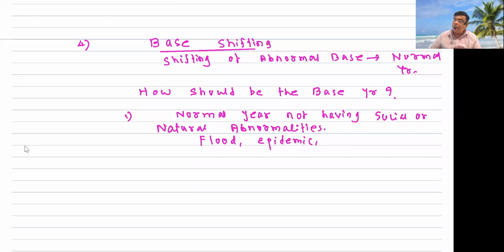Then it could be the earthquake. It could be the war. It could be the riots. ये abnormalities ऐसी इस तरीके की नहीं होना चाहिए.